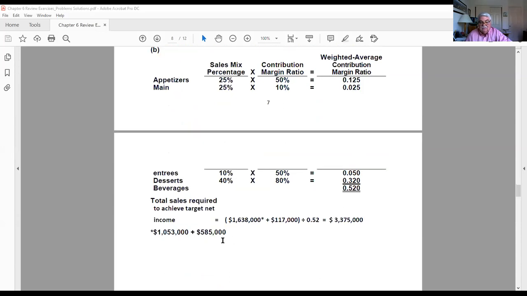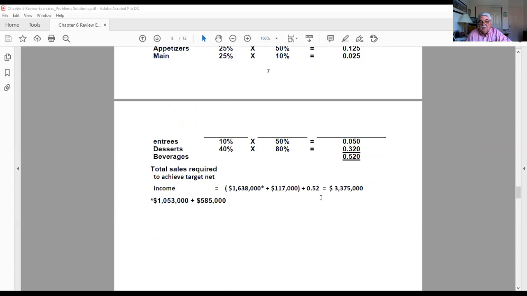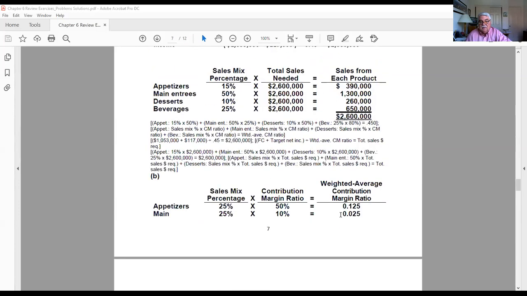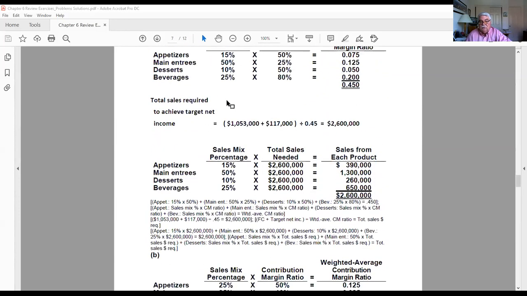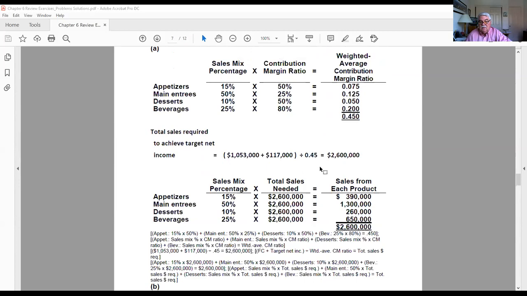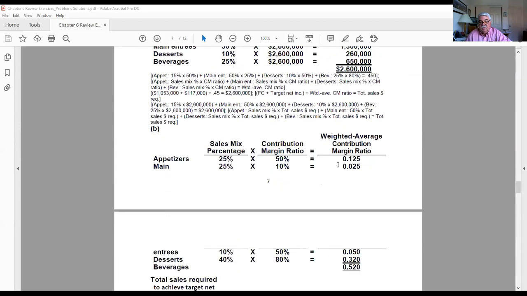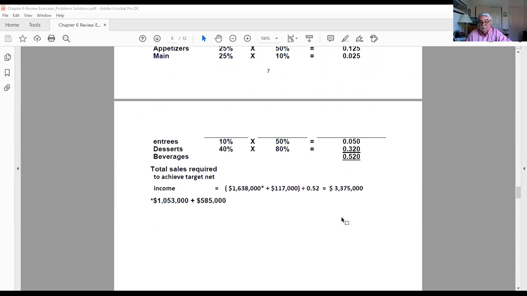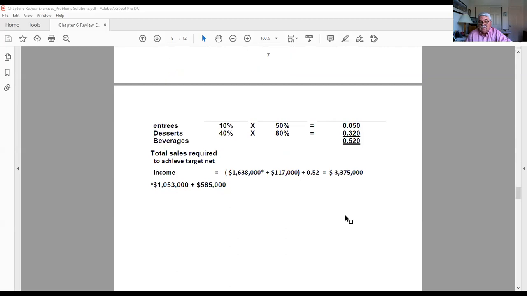So now our fixed expenses are going to be increased by $585,000 to $1,638,000. Add in that profit of $117,000. Notice the answer to our problem now is $3,375,000 of sales to reach our profitability. Note that as a difference. In the old Part A problem, we needed $2.6 million of sales to reach that. Now it's gone up to $3,375,000, a change dramatically by how he plans to operate the business.